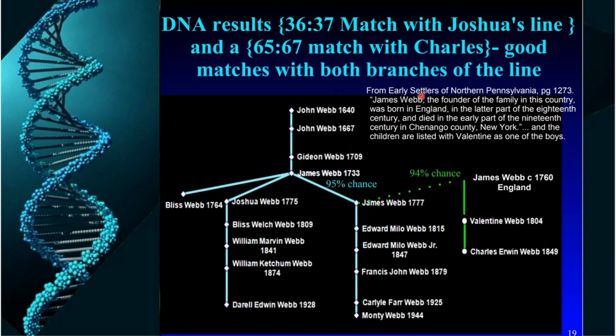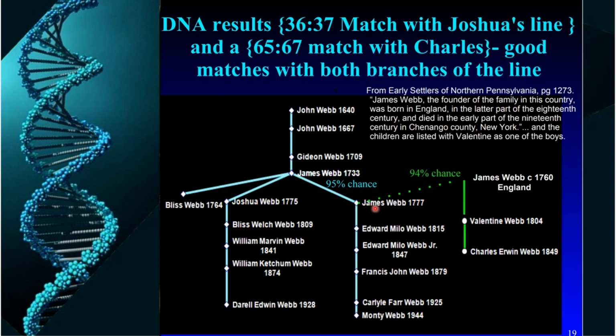And so there were other calculations I was able to do, and it said there was a 95% chance this James Webb was the son of James Webb 1733, and that's because Joshua, an absolutely known son, his DNA is so close to my DNA.